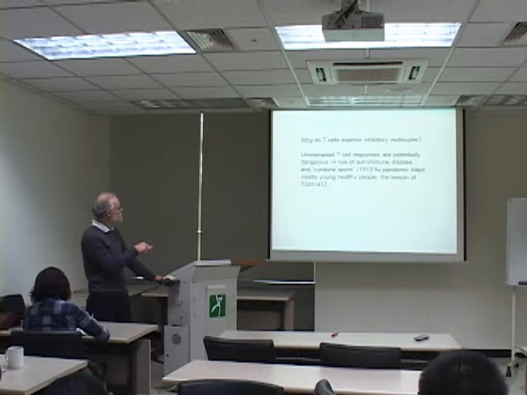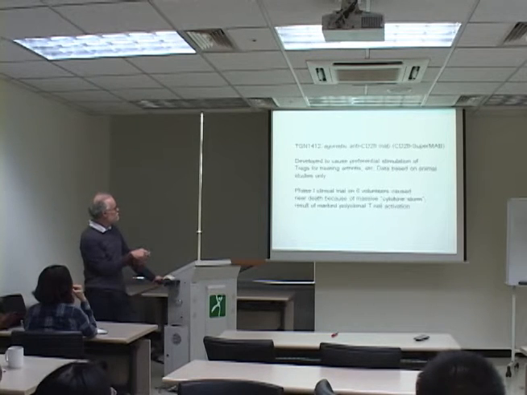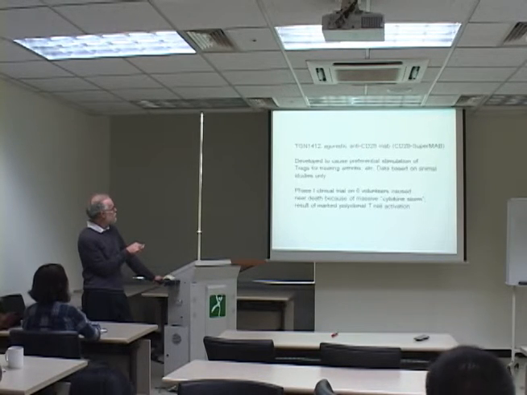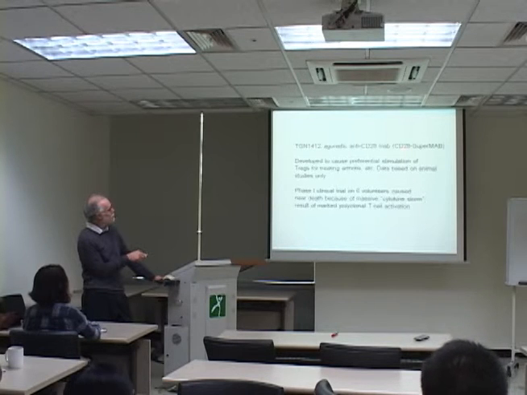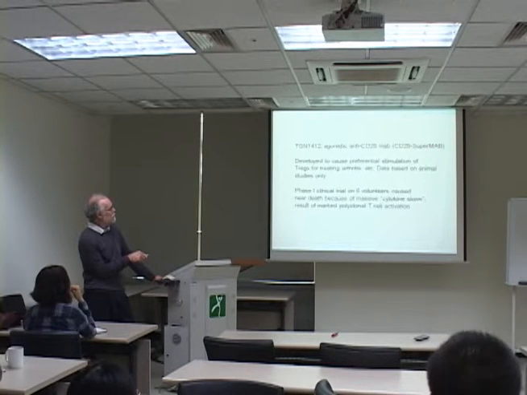But let me just mention this peculiar episode that happened 2 or 3 years ago of this particular anti-CD28 antibody made by a company in Germany. Now it has this name, TGN-1412. And it was termed a super agonistic anti-CD28 antibody.